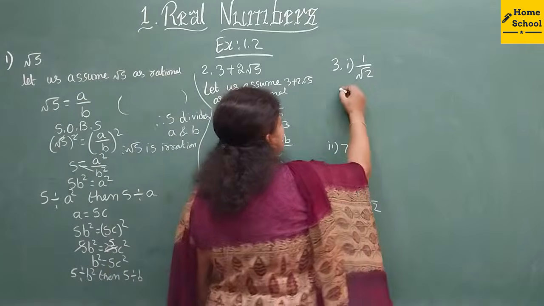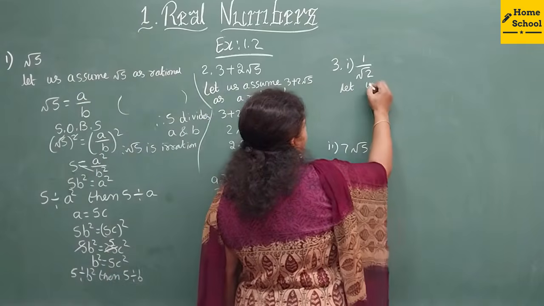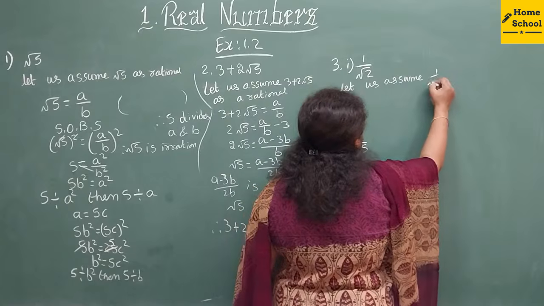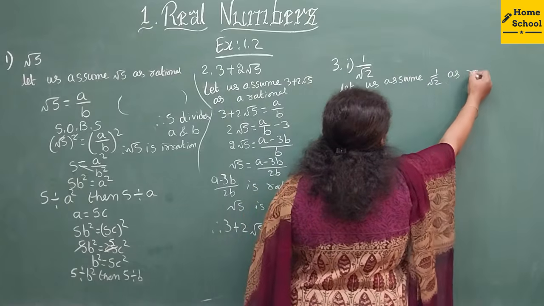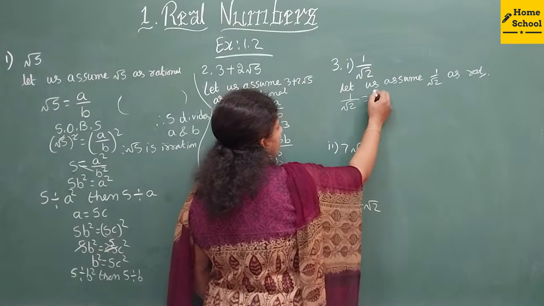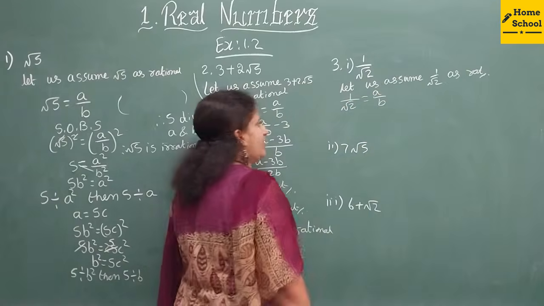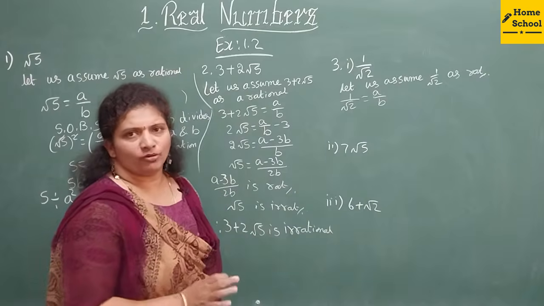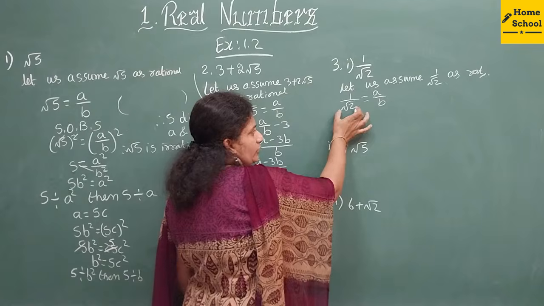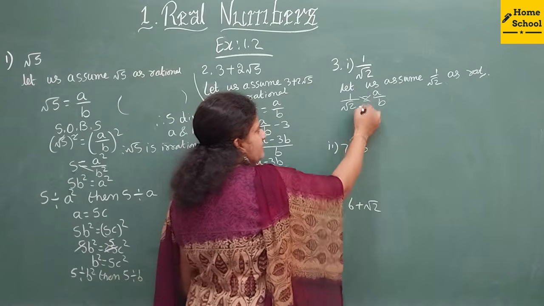Same manner. First step, let us assume 1 by root 2 as rational. Right? So if it is rational, what should I do? 1 by root 2 is equal to a by b, where a and b are co-primes. B cannot be equal to 0. Now, where is the root 2 here? Cross multiply.